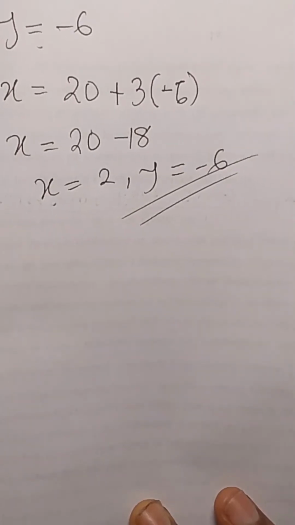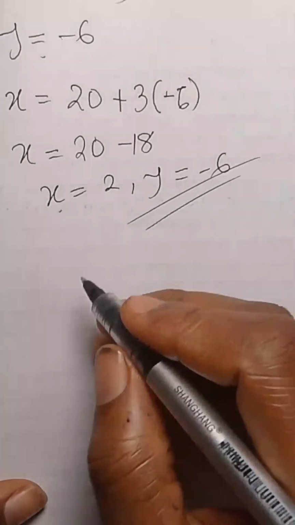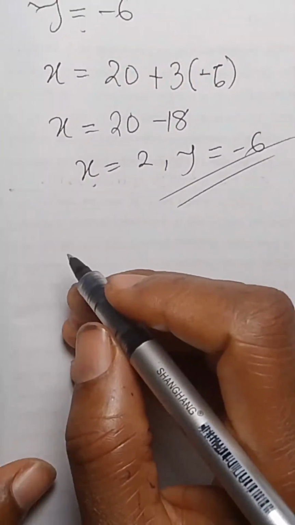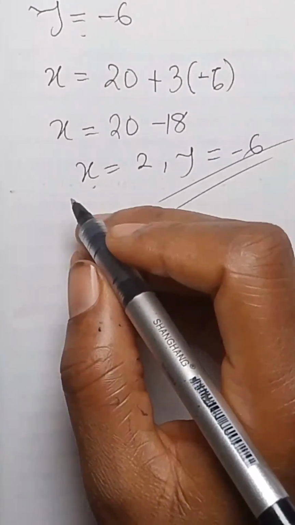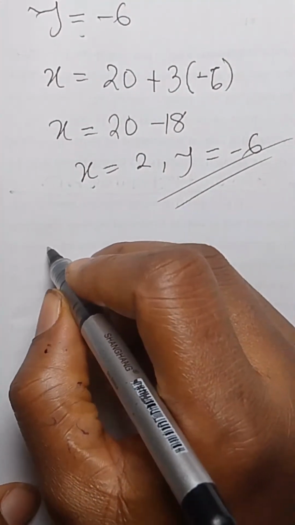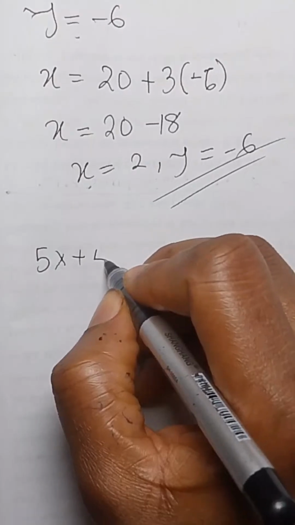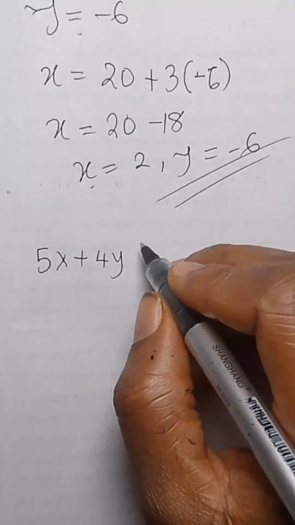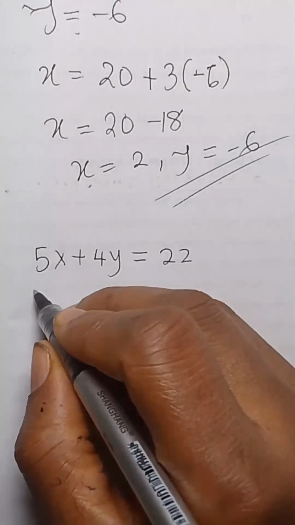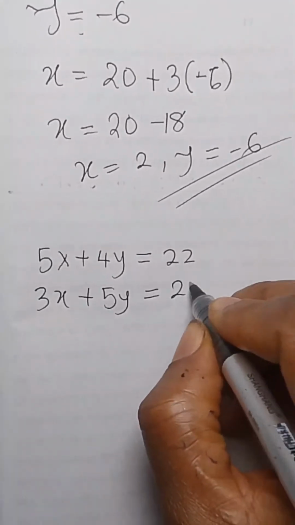The next example we are going to solve is 5x plus 4y equals 22, and 3x plus 5y equals 21.